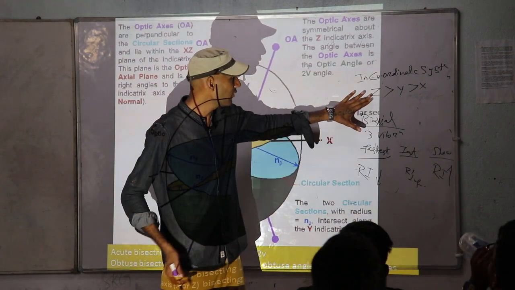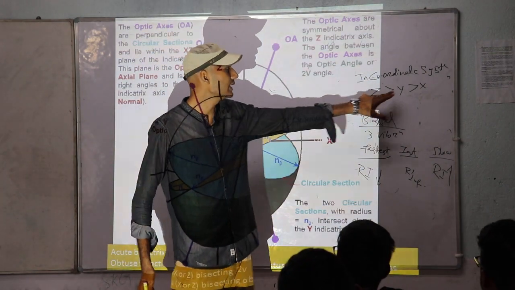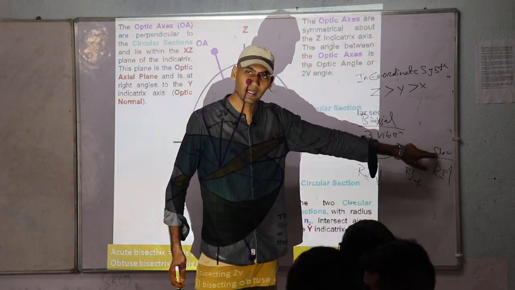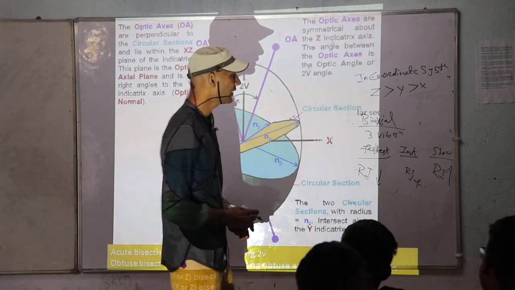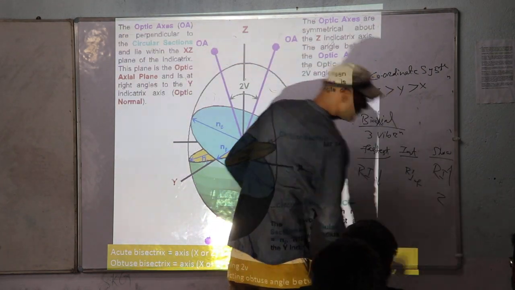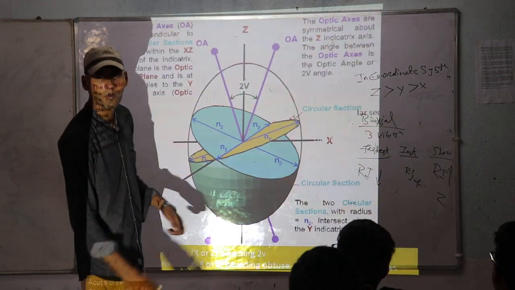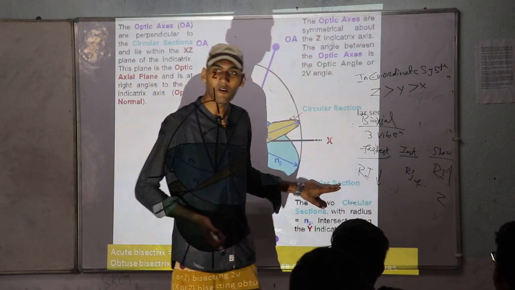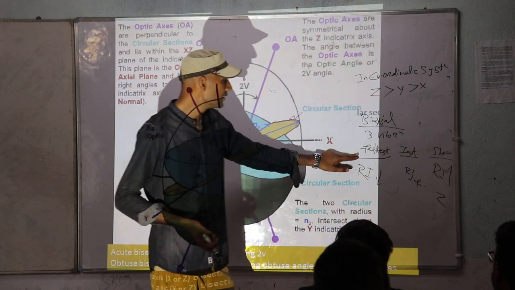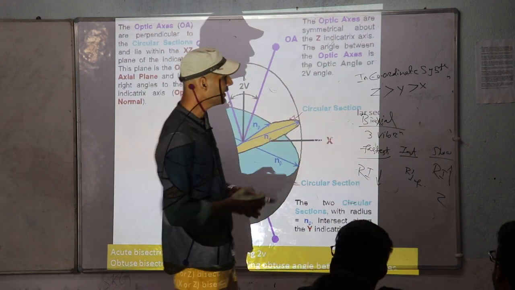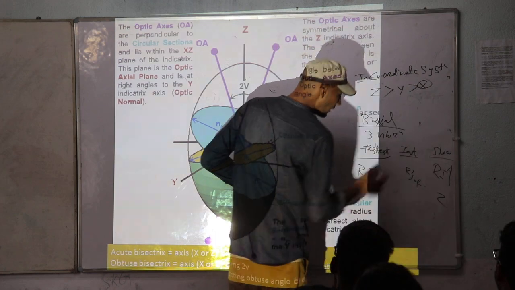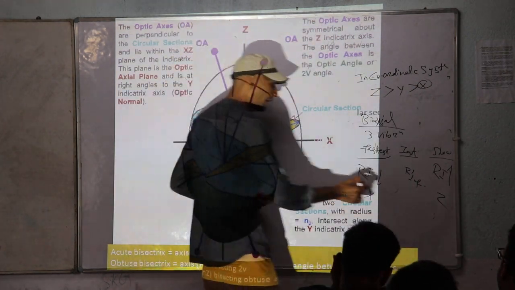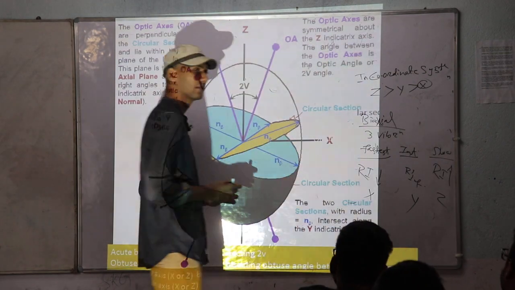As I have already told you, in the coordinate system Z is greater than Y greater than X. The refractive index of the slowest ray is represented in the Z coordinate and known as the Z vibration direction. The refractive index of the fastest ray, which is lower, is represented in the X coordinate as X vibration, and the intermediate will be taken as Y vibration.